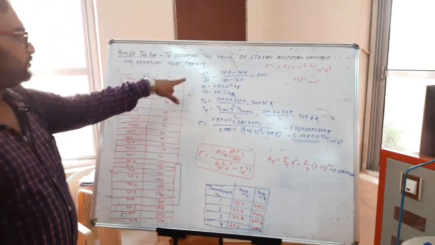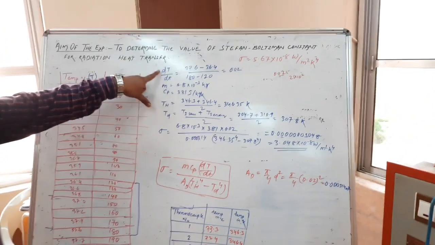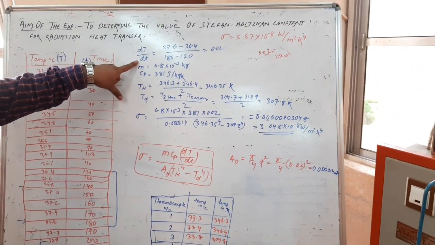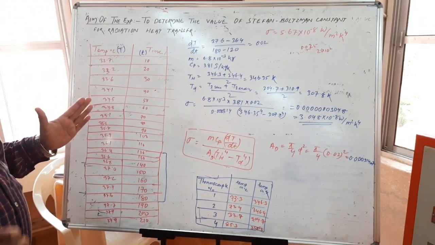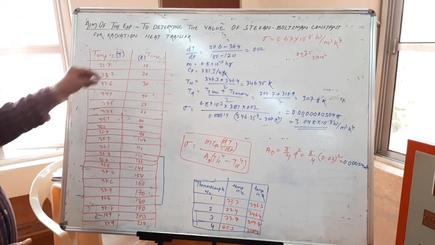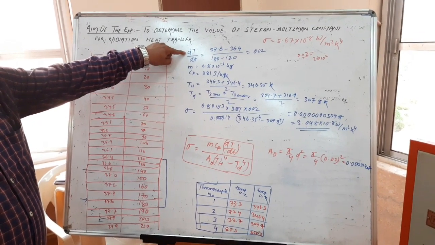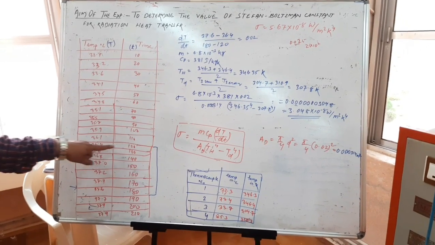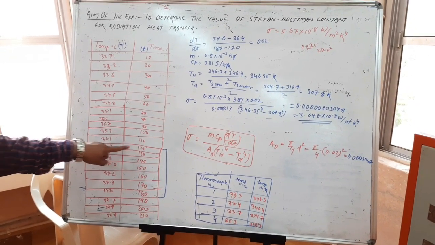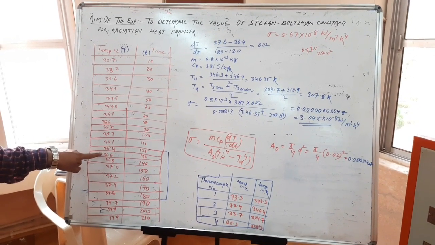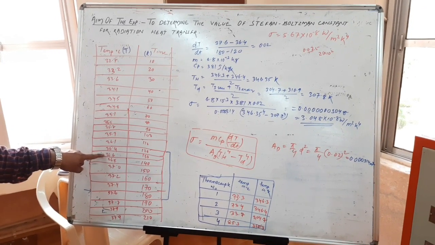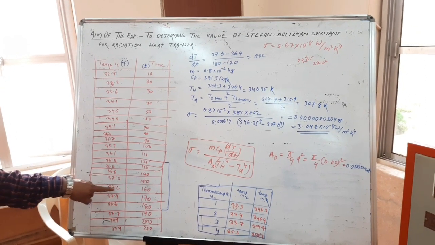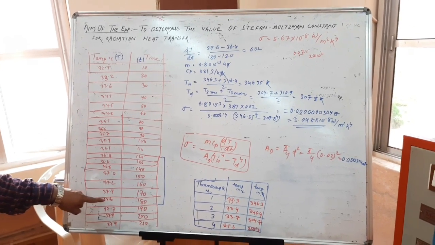To find the dT by dt value, that means the slope, we have to choose the region where the change of temperature is uniform with respect to time. Here at 120 seconds the value is 36.4, then 36.6, 36.8, 37.0, 37.2, 37.4, 37.6.